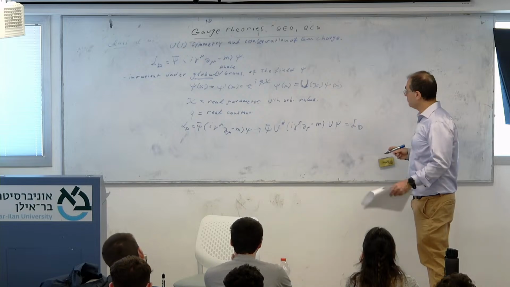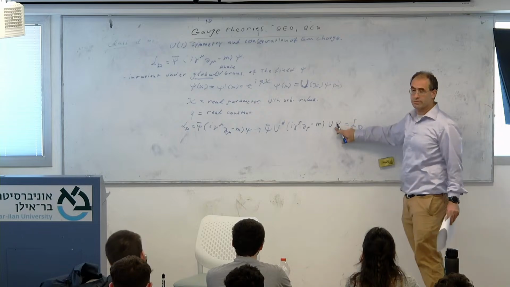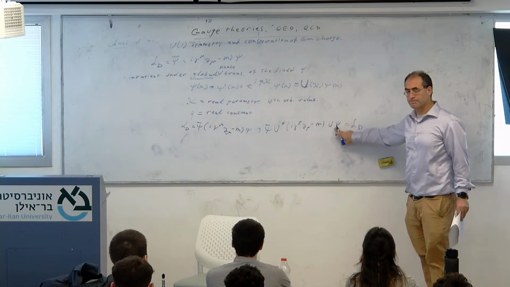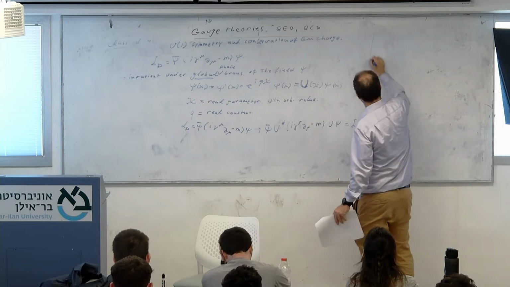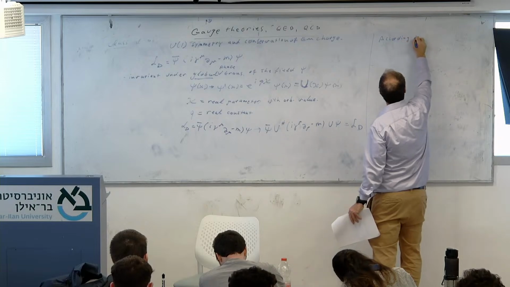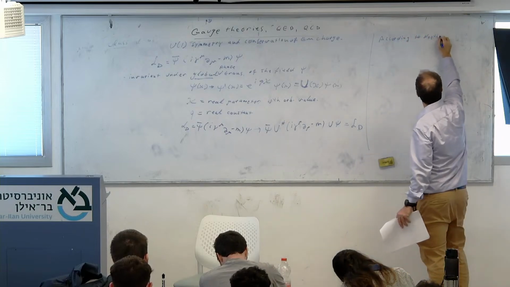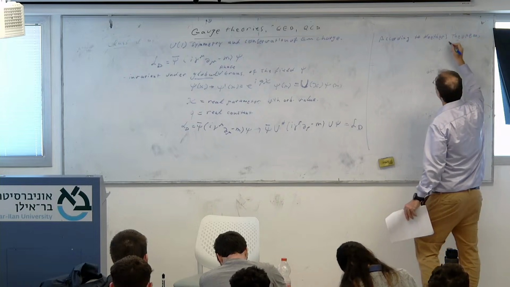Now we said, according to Noether's theorem, this is a continuous transformation, so there must be a conserved current. Let's look at the current. According to Noether's theorem, there is a conserved current.